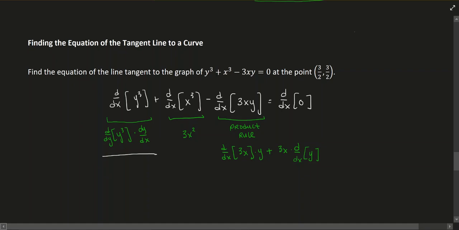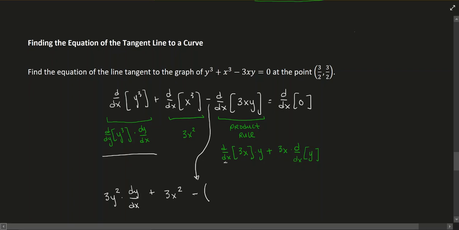So derivative of y cubed with respect to y, that just looks like 3y squared, but that is being multiplied by dy dx. And then we're adding to that our next term, which is 3x squared. And then we need our product rule. Notice that we have a subtraction. So I'm going to write the subtraction sign here with parentheses so that everything in my product rule is being subtracted.